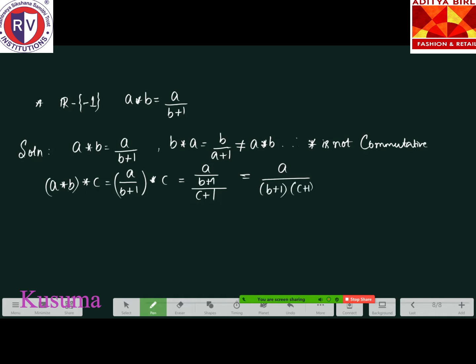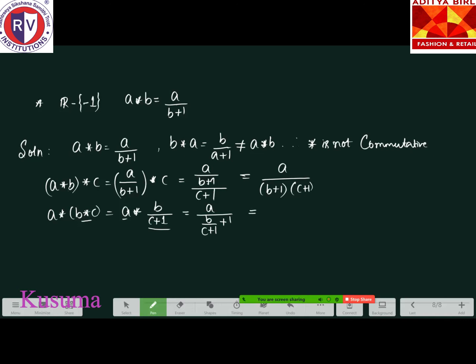Now let us see what happens to A star (B star C), where B star C is grouped together. This can be written as A star (b by c plus 1), right? So I'm solving this first. Now this is one term and this entire thing is another term. So this is a by (b by c plus 1) plus 1, right?